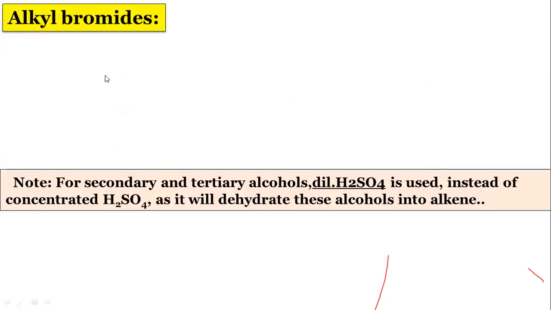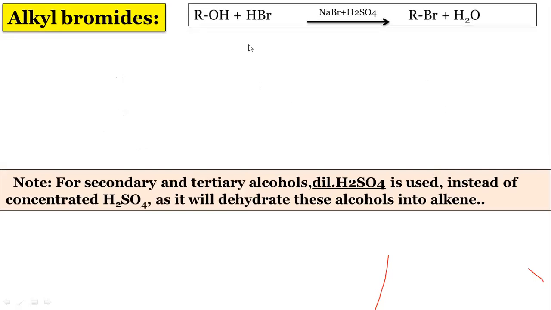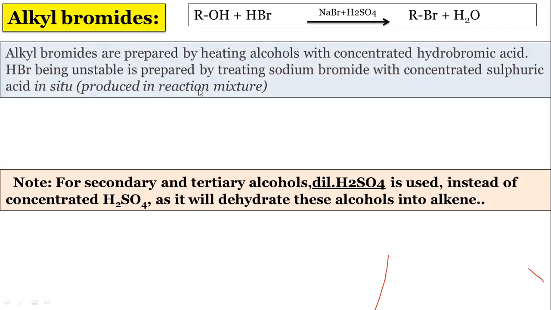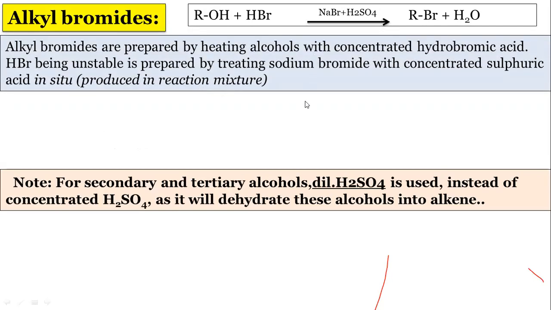Then alkyl bromides. In the previous reactions, we already prepared alkyl chlorides by using alcohols. In this reaction, we are going to prepare bromides. Alkyl bromides are prepared in presence of NaBr and H2SO4. I will explain what this NaBr and H2SO4 is and why it is required.